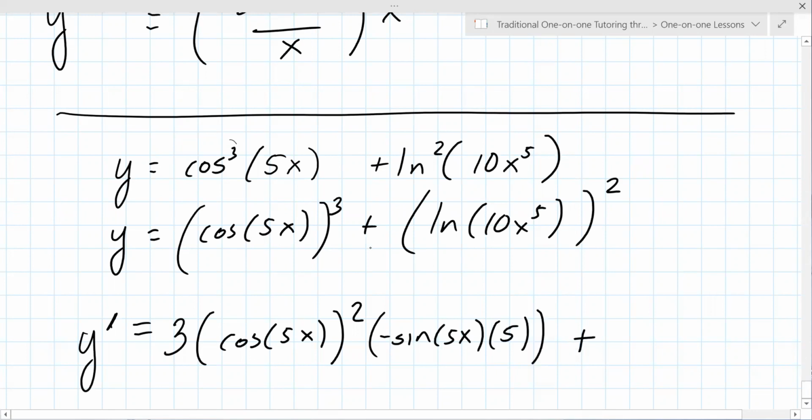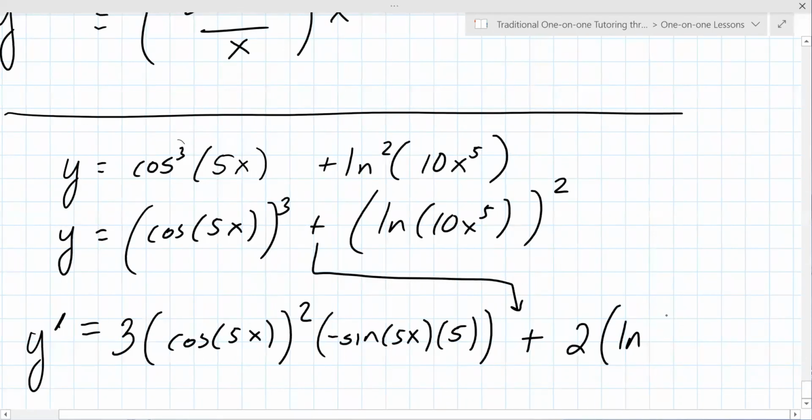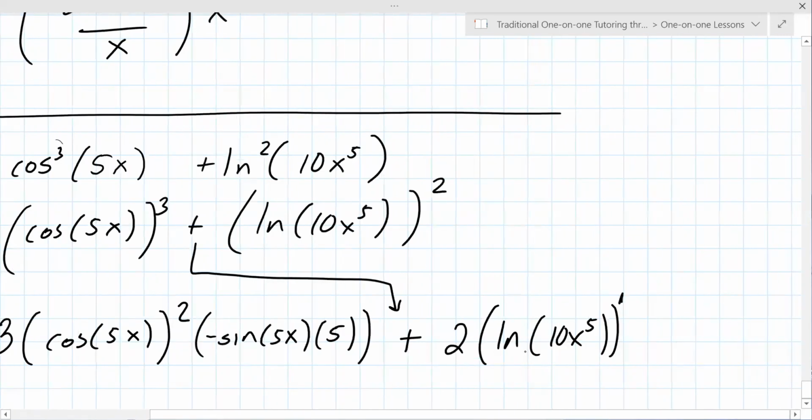Now this plus is that one. So then plus 2 natural log 10x to the 5th, to the power of 1 if you want. Then what's the derivative of natural log? 1 over x. 1 over 10x to the 5th, because that's the inside function, times the derivative of 10x to the 5th, so 50x to the 4th. Yes.